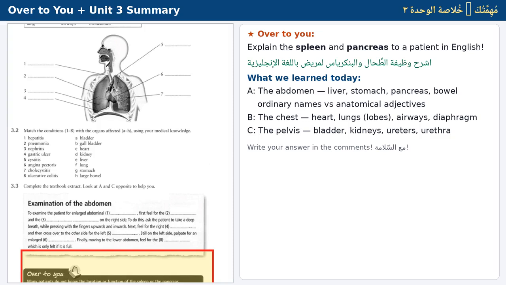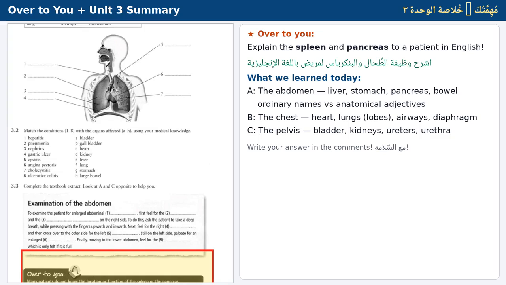Section B, the chest. The heart, the lungs with 2 and 3 lobes, the trachea or windpipe, the bronchus and bronchioles, and the diaphragm. Section C, the pelvis. The bladder, the kidneys, the ureters, and the urethra. The kidneys produce urine, ureters carry it, bladder stores it, urethra passes it out.